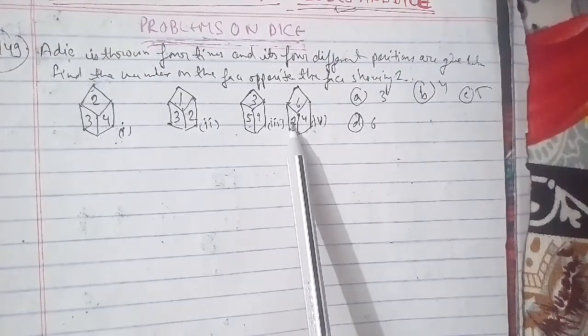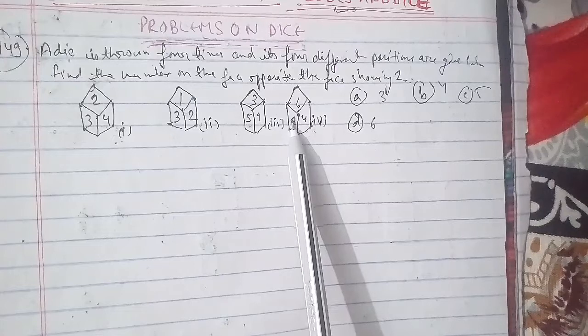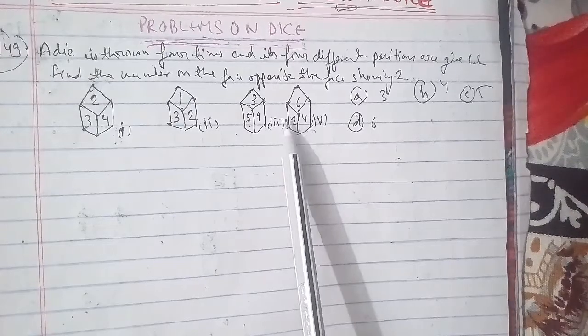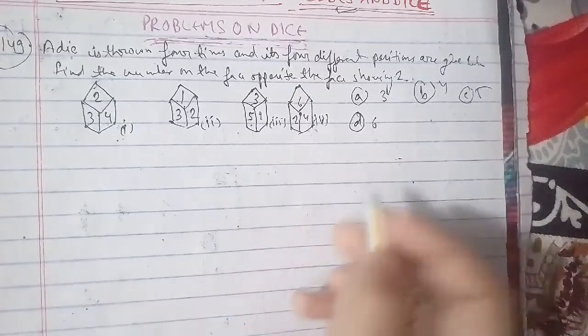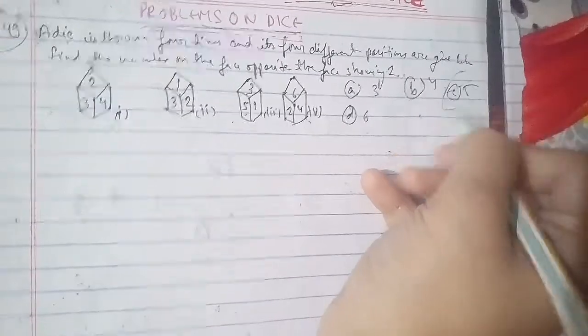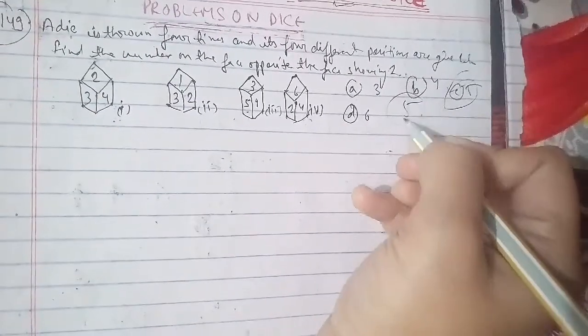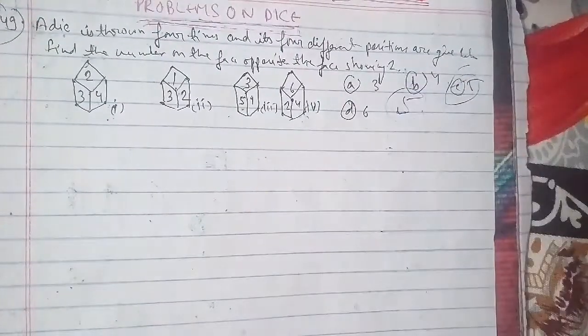We can say the answer is 5. 5 is not adjacent to 2. So we go ahead with option C, and 5 will be the right answer for this question.